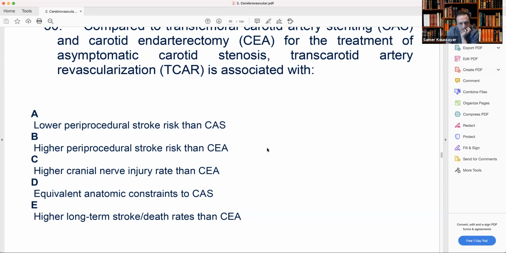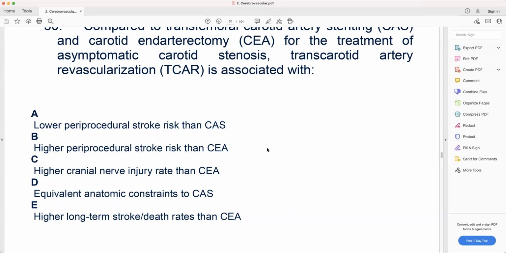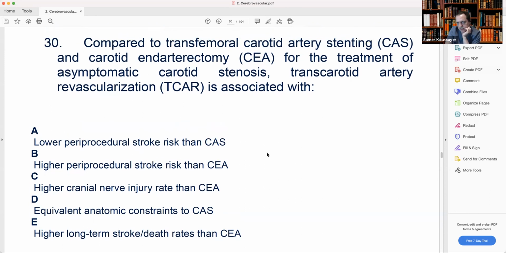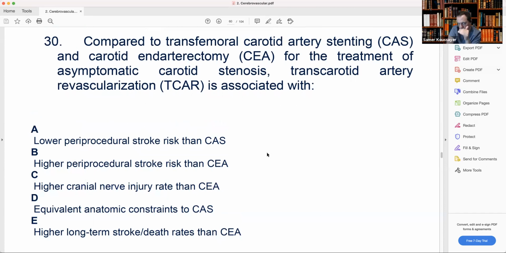Okay. Lower peri-procedural stroke risk than CAS? Yes, according to the discussion. Correct. Higher peri-procedural stroke risk than carotid endarterectomy? No. Because when they compared CAS and surgery, CAS had a higher chance of stroke than surgery.